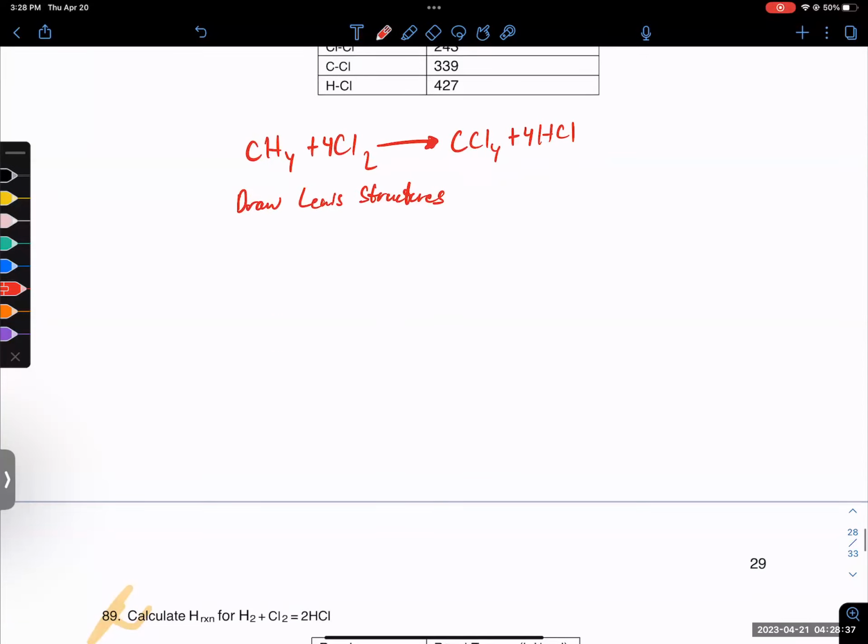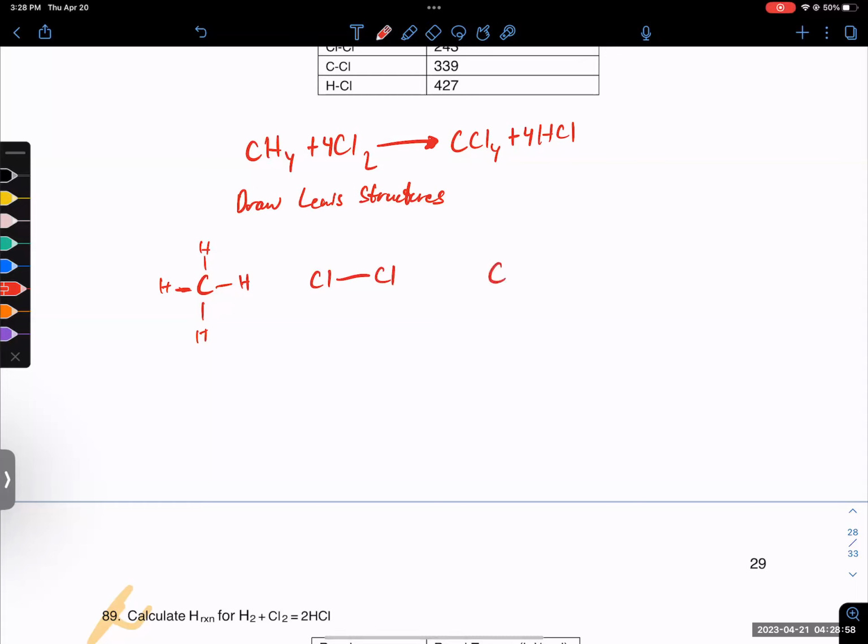So CH4 looks like this. Y'all agree with me, or does it look different? All right, and then Cl2 looks something like this. Y'all agree with that?